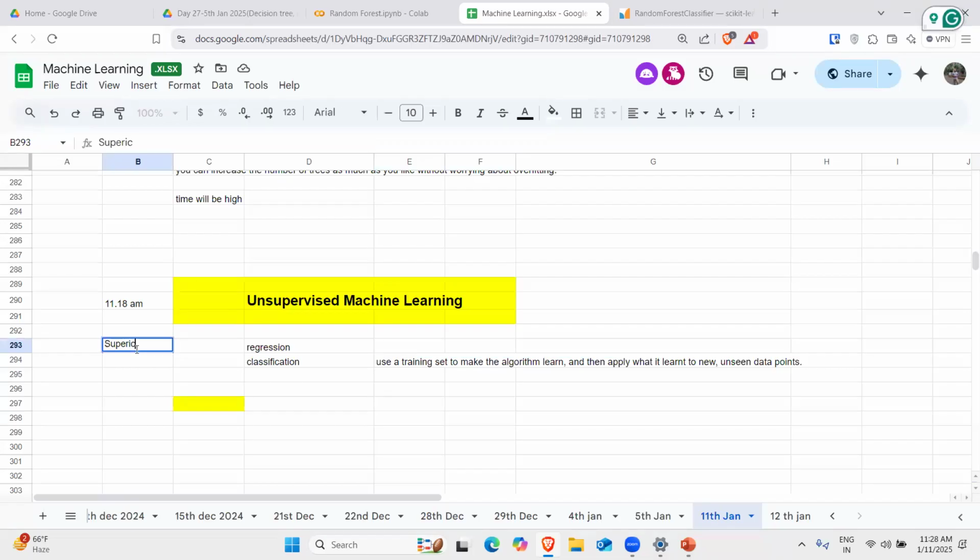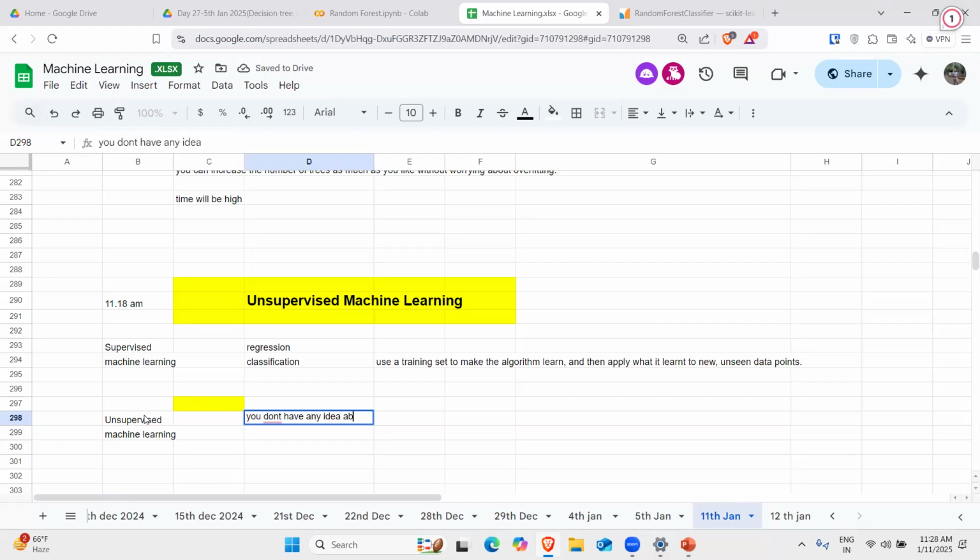Very first thing, supervised means you have an idea about the target variable. You know what we are going to predict, right? What is unsupervised? You don't have any labeled data, meaning that you don't have any idea about the target variable. Simple, right?